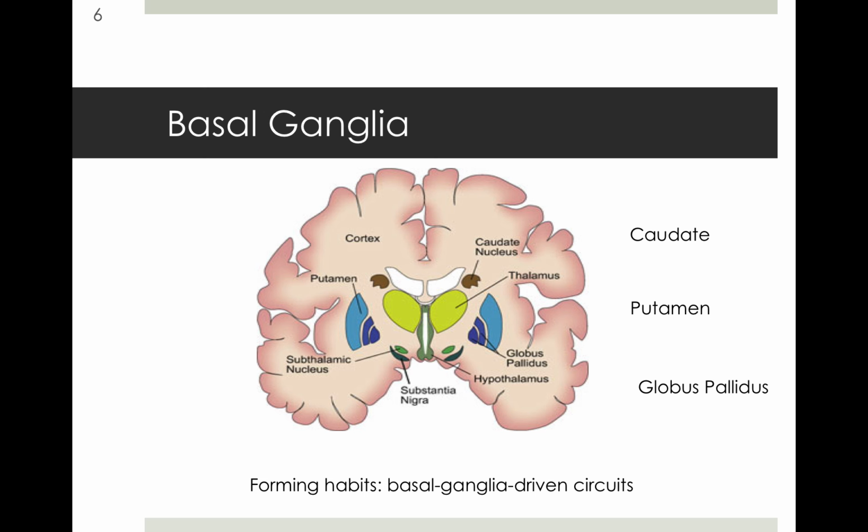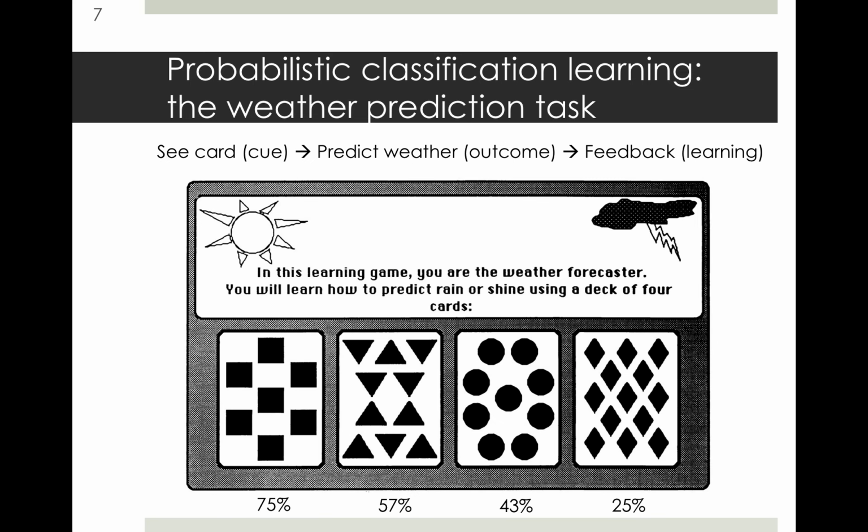So in the lab, how do we test this kind of thing? We have some probabilistic classification learning tests, and it's really just a very fancy way of doing statistical dependent learning. But it's couched here as the weather prediction task, where you're given certain kinds of cards, and you're supposed to say whether you think it's going to be sunny or rainy.